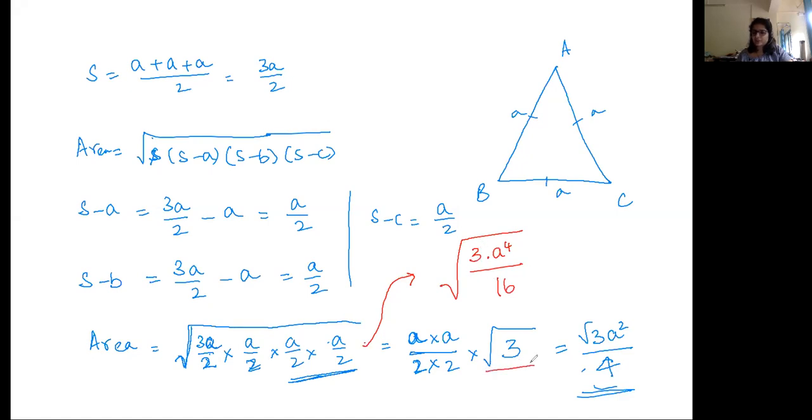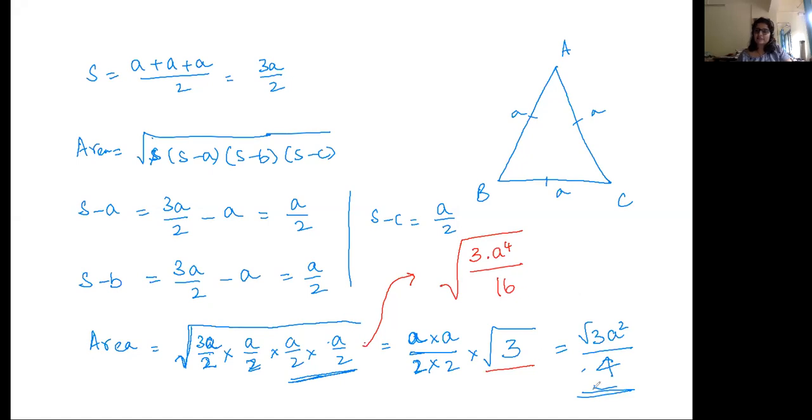It's going to remain as root 3. Then root of a power 4 will be a square. Then root 16 is 4, that you wrote as 2 into 2. Okay, so that's how we got this.